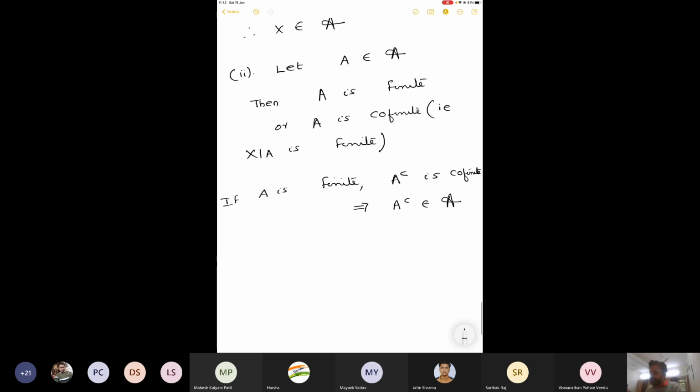Now, if A is cofinite, only two possibilities there. A is in A means either A will be finite or A will be cofinite. Finite case settled. Now let us take cofinite.